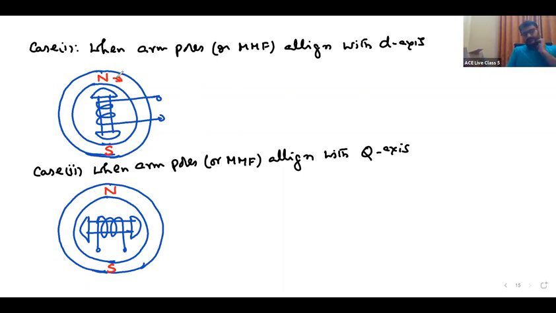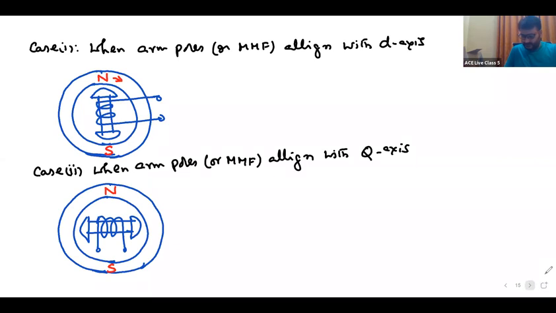Okay. And in this, due to this, the current variation. The last diagram, then we go for break, then we will discuss. So how it is happening, that we will see.